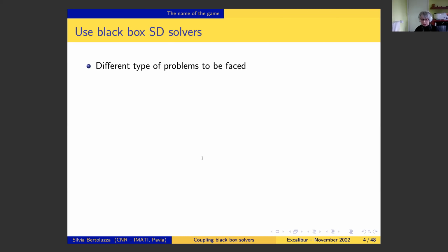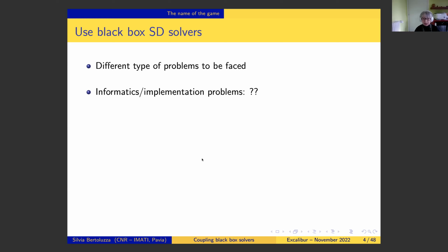of problems that you need to face. So first of all, there are problems really related to the implementation of an outer cycle that calls for the local solvers.